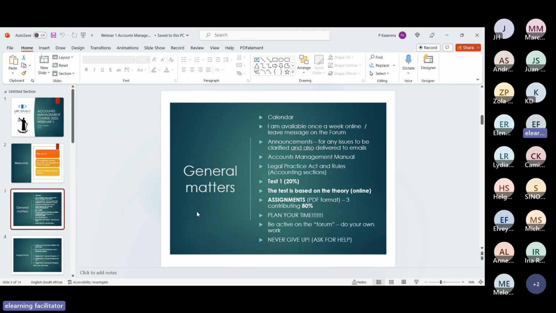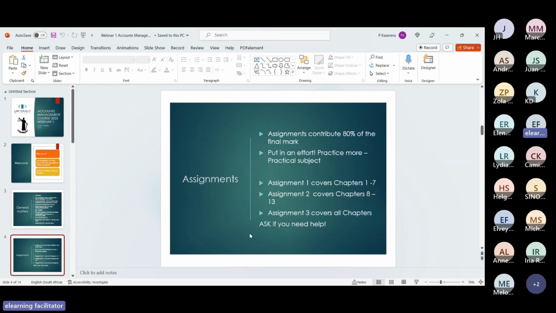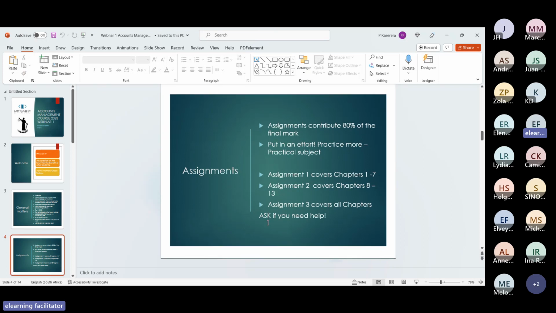We need to account for those transactions, and it can become involving. So you need to plan your time, be active on the forum, and ask where you have any queries.